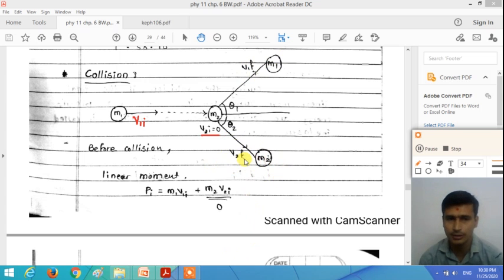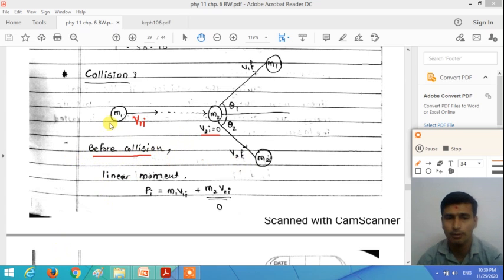During this collision, we consider the linear momentum before the collision and the linear momentum after the collision. Linear momentum must be conserved.